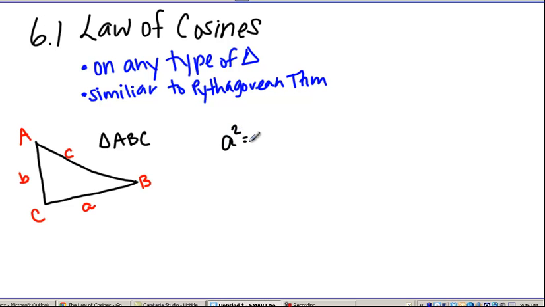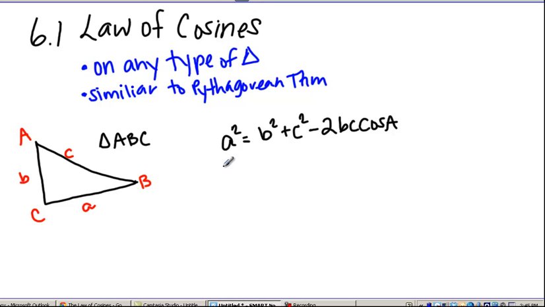So you got a squared is equal to b squared plus c squared minus 2 times b times c times cosine of A. And you're probably like, holy moly, that looks crazy. But it's really not. It's just all algebra with a little bit of trig, cosine.